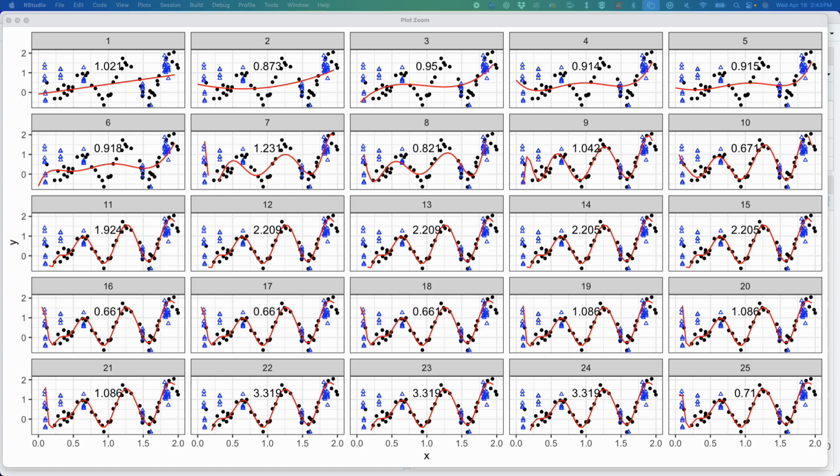Okay, so what's going on here? Ignore the blue points, ignore this number that's being printed here. Just focus on the red line and the black points, okay? The black points are the same for every single one of these.